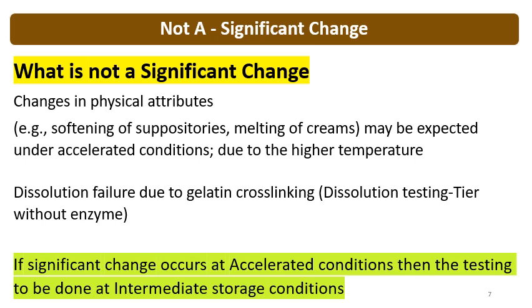If the product fails at long term condition, for example at 2 years, then there are different ways to deal with that formulation, which may be reformulation of the formulation, or shortening of the expiry period, or there may be a chance that the product is required to be stored at refrigerated condition of 2 to 8 degrees Celsius. So that is a different part. It is not a part of significant change, but for your understanding I am explaining these things.